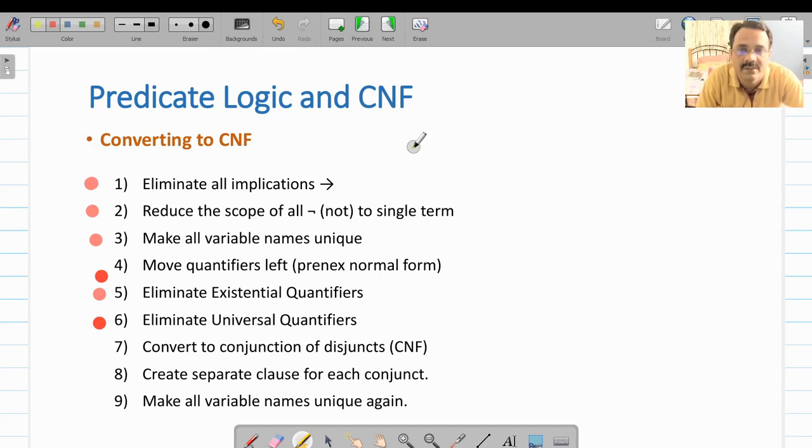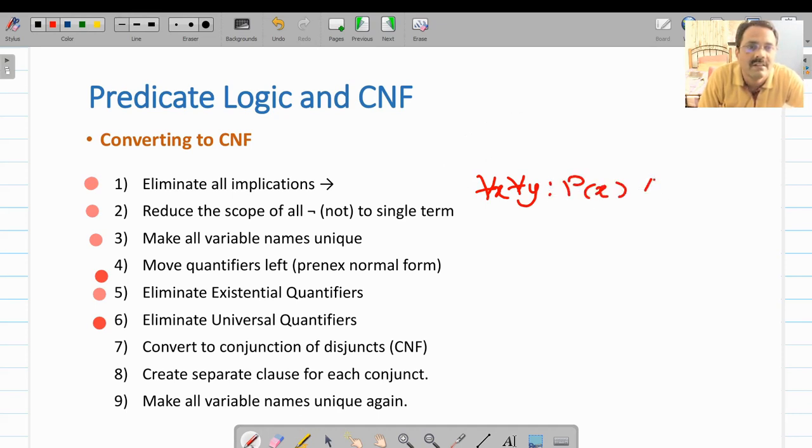Suppose we have for all x, for all y, p of x and q of y.